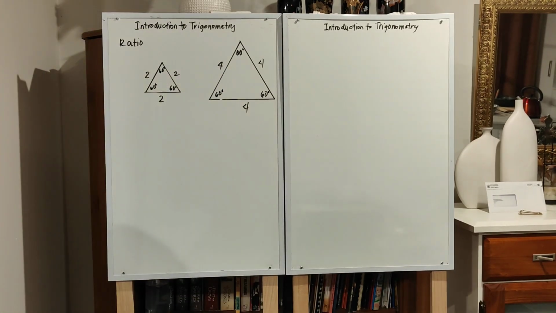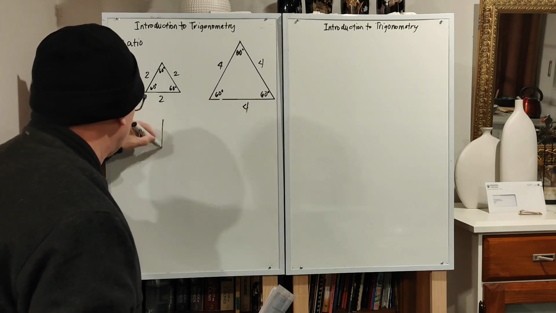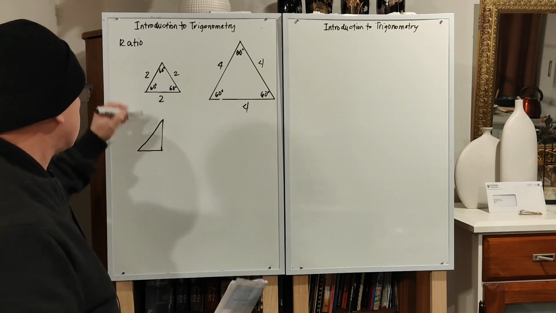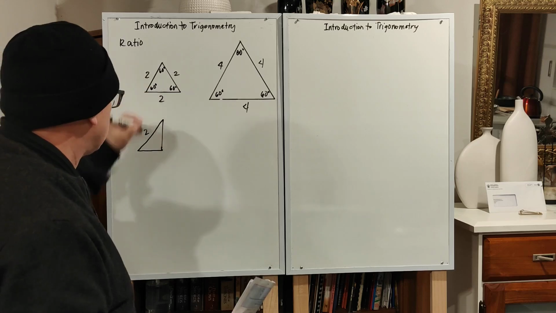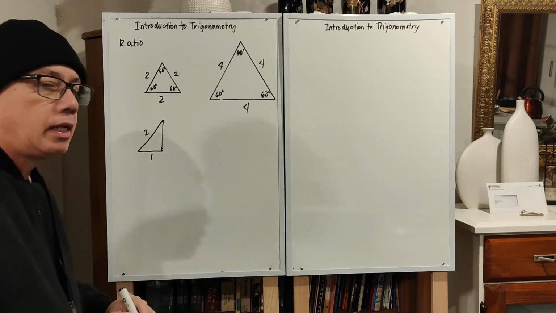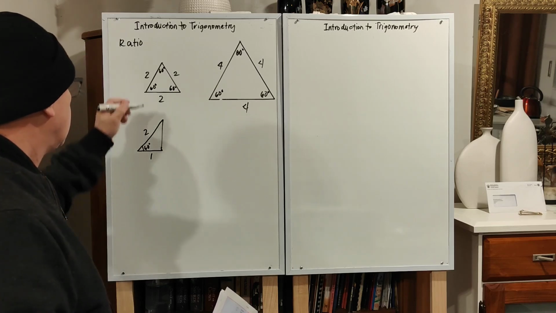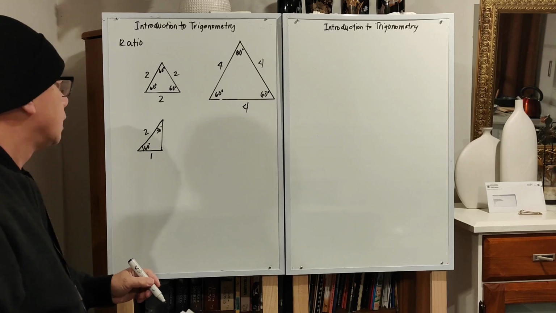Now let us cut this vertically equally, so this will become like this. Now this is still 2, but this one, because it's half, it's only 1. This is still 60 degrees. Now this becomes, because it's divided, 30 degrees.